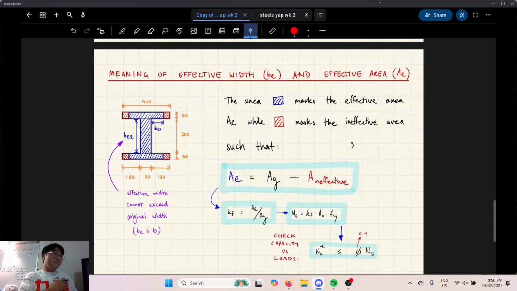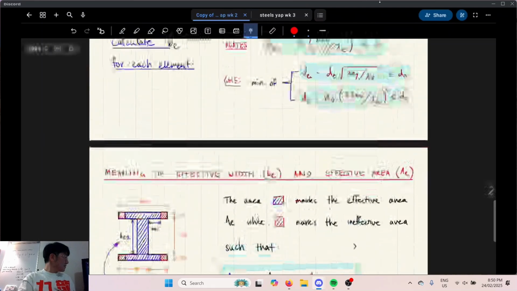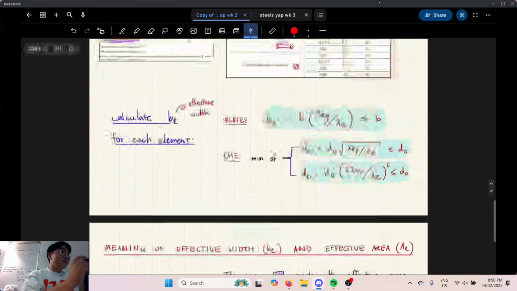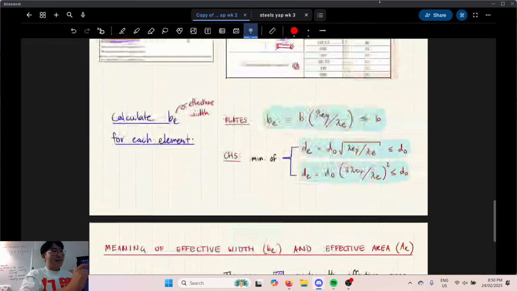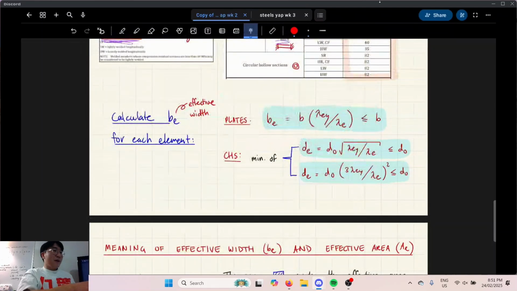But how do you decide B_E? That's in the formula above. You have to calculate it for every single element. Here there are two types of elements: one represents the flange, two represents the web. What happened for the web is we got a B_E value bigger than B. What does that mean?